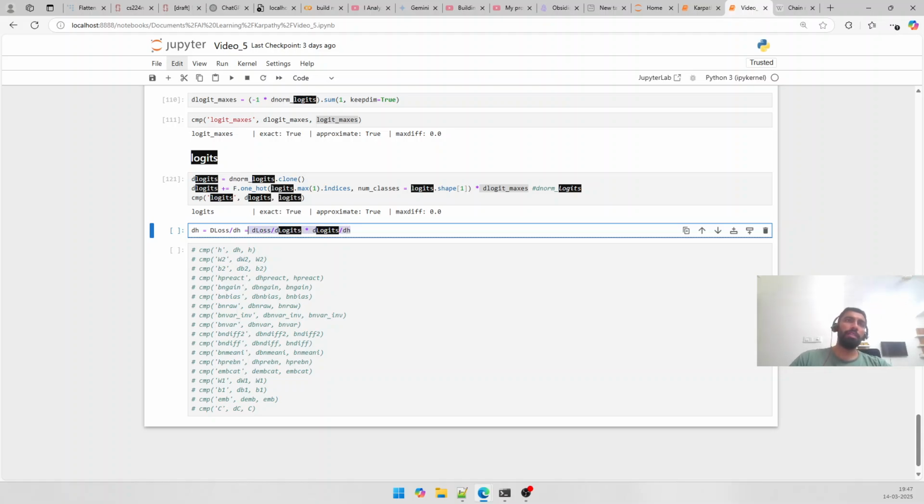So this is the function that we are calculating. This, d logits, we already know.